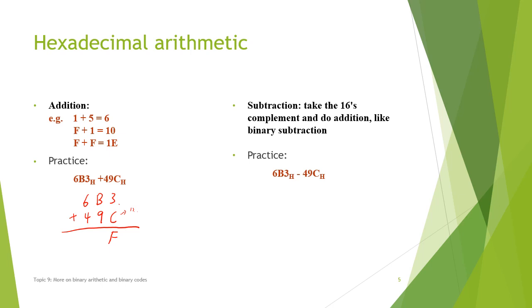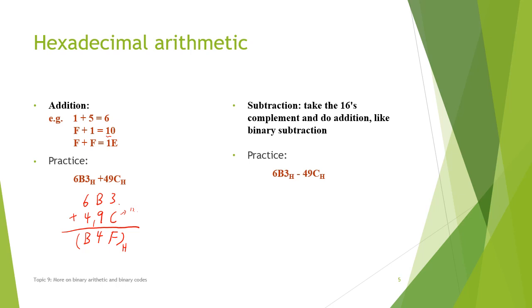Then B plus 9. B is 11. 11 plus 9, we get 20. And we know that we have to carry for every 16. So 20, we need to carry 1 to the next digit, and then we have 4 left on this digit, right? Then 6 plus 4 plus 1, we get 11, which is letter B. So the result is B4F, or B for F, sorry.